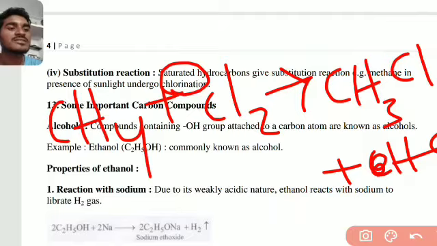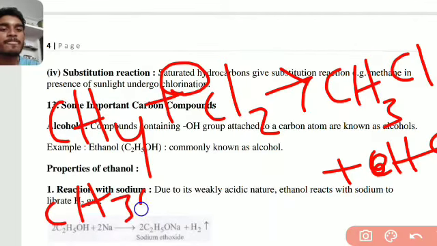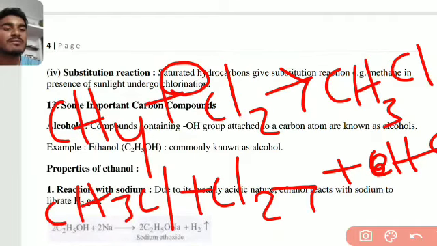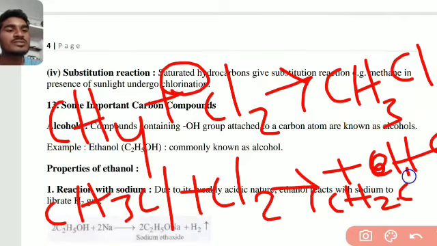Okay, plus HCl, and again CH3Cl reacts with chlorine gas, and by chlorination it will form methylene chloride, CH2Cl2, plus HCl.